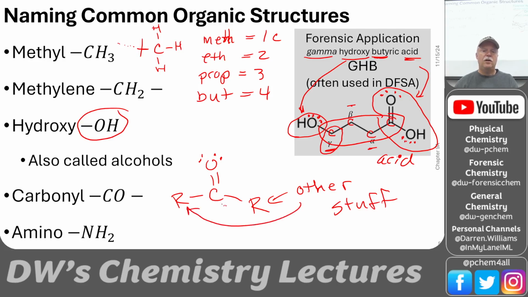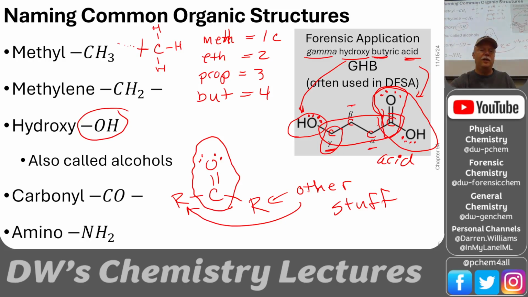So we use these, they're called R groups, but this right here is the carbonyl in the middle. And you can see that the acid group has a carbonyl and a hydroxy connected to each other, and it makes its own thing, an acid, but the carbonyl can just be between other stuff, and that would be a carbonyl. We've seen an amine already, the NH2 group, with the lone pairs on the nitrogen.